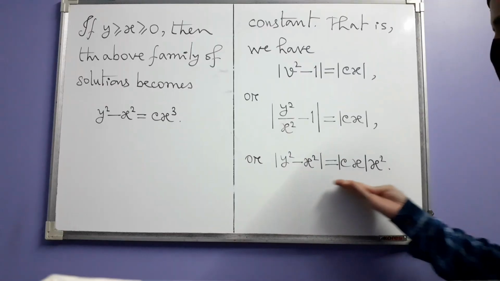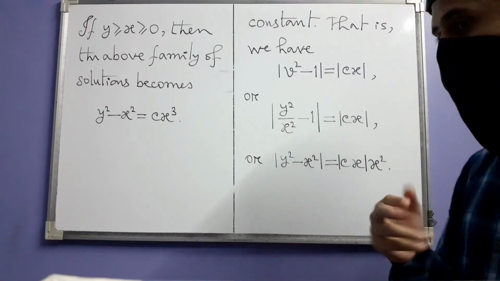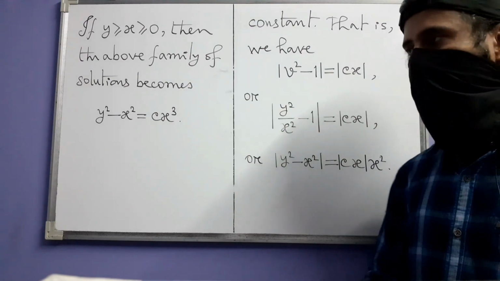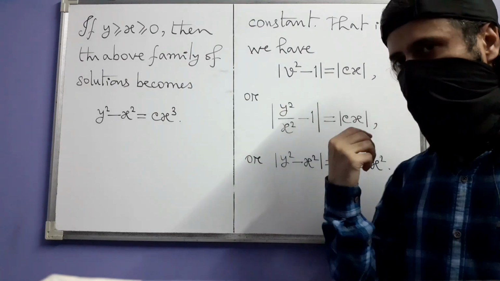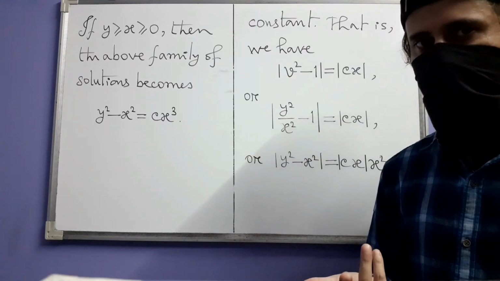But in general, this is the one parameter family of solutions to that separable equation. Whether this is also a one parameter family of solutions of the original equation remains to be seen.